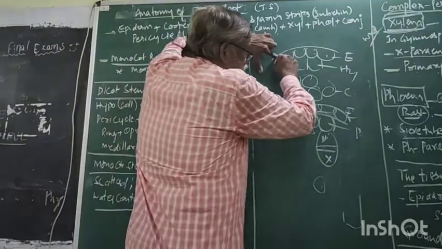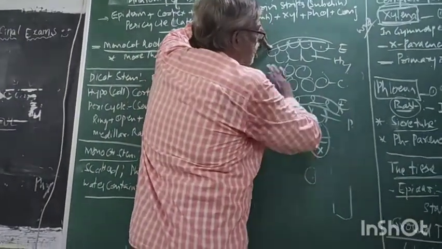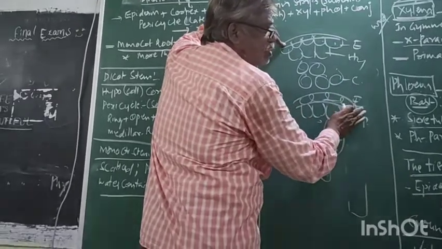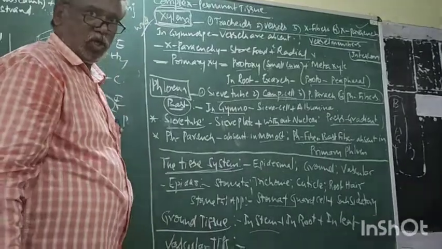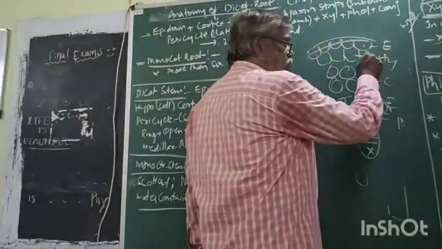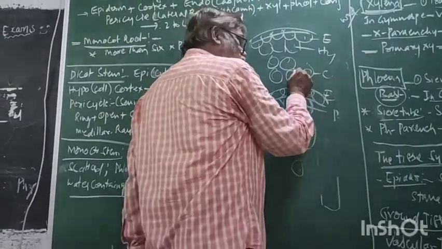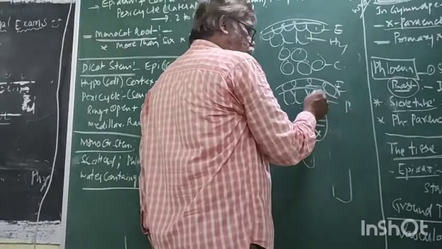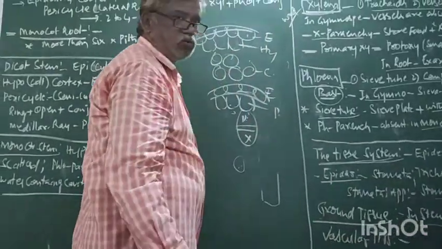Other than the epidermis and vascular bundle, the remaining areas are made of a separate tissue that is called ground tissue. That means the ground tissue includes the hypodermal area, cortex, endodermis, pericycle. This is an example of ground tissue.